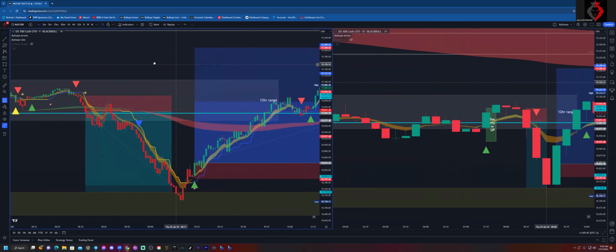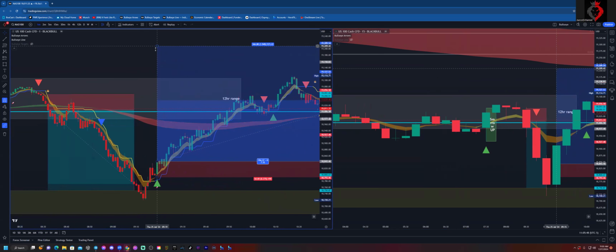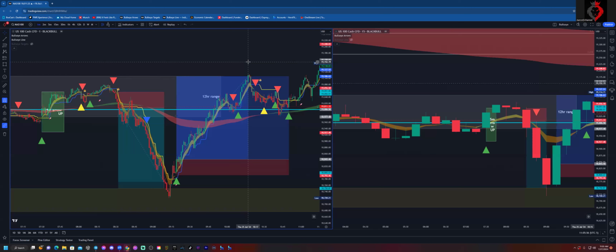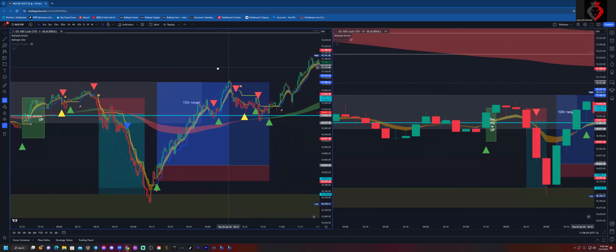And we could potentially be targeting the top of the 12-hour range. So that'd be another 1 to 5. And price gets hit at 10:17. Right. So it's a great Thursday as well.